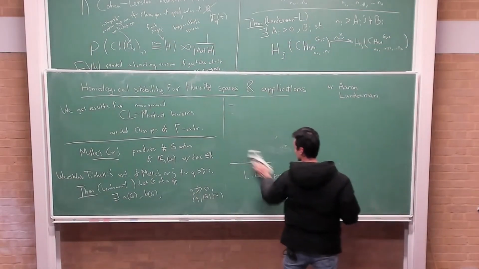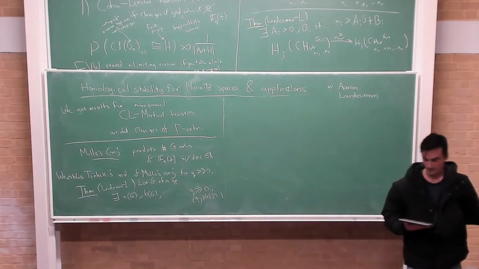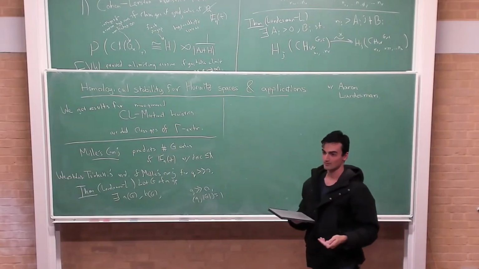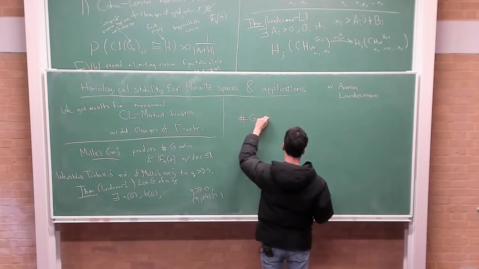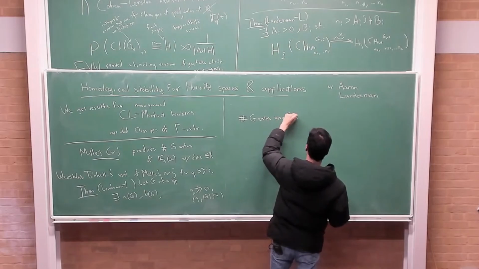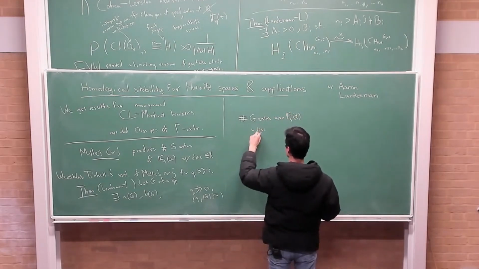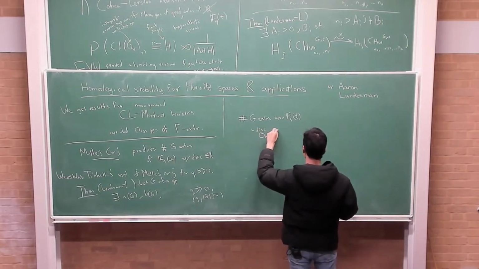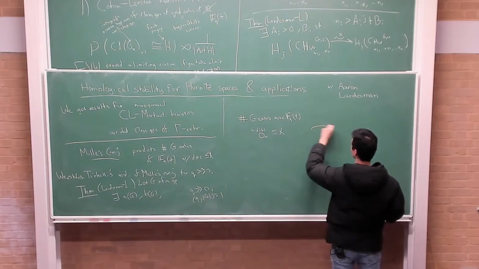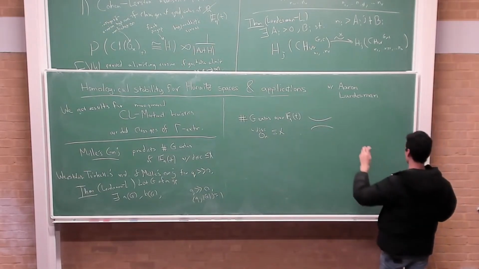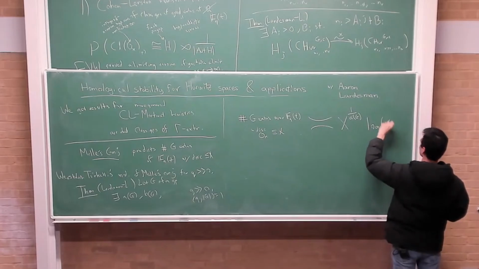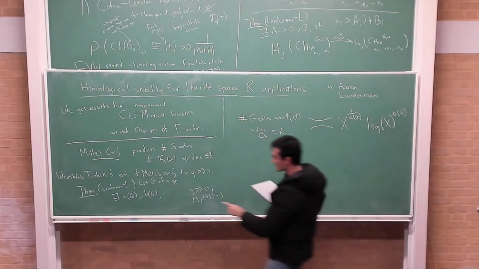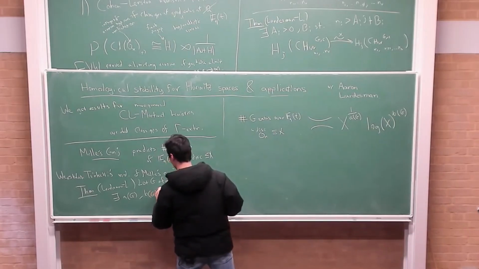the number of G extensions with discriminant less than or equal to X grows asymptotically like some power of X times some power of log of X. And so the precise statement is that if you look at the number of G extensions over F_q(T) with discriminant of the ring of integers less than or equal to X, then this number is upper and lower bounded by a constant times the following function: X to the 1 over a(G) times log X to the b(G). And maybe I should say that these are actually positive integers.